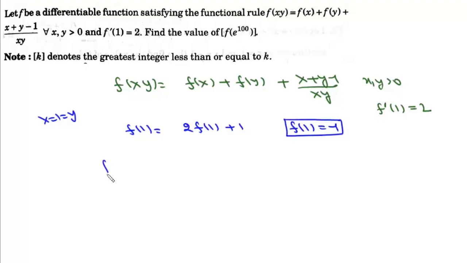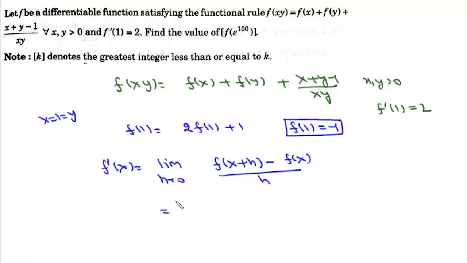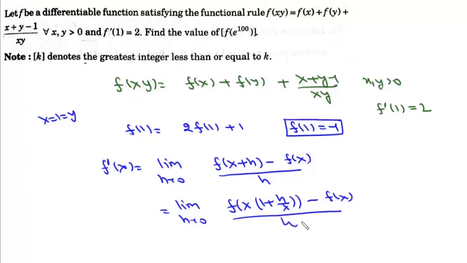Now we'll write f'(x) as this limit h tends to 0 of (f(x plus h) minus f(x)) upon h, and we'll write this as limit h tends to 0, and this is f(x into (1 plus h upon x)) minus f(x), whole divided by h. Now we'll use this formula, f(xy) is f(x) plus f(y) plus (x plus y minus 1) upon xy.